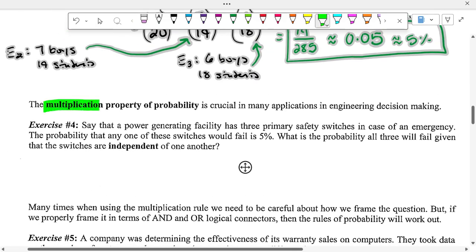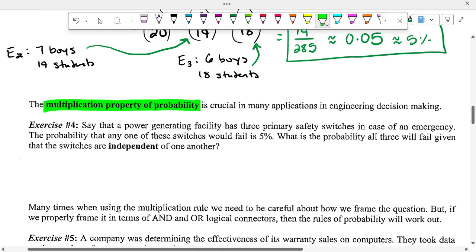Now, the multiplication property of probability is crucial in many applications in engineering decision making. If you ever thought you want to be an engineer one day, you'll probably be using this a lot. A lot of times when engineers say this bridge is safe, they've got to have a pretty darn good probability that the bridge isn't going to crumble in 2 seconds as soon as a car goes on it.